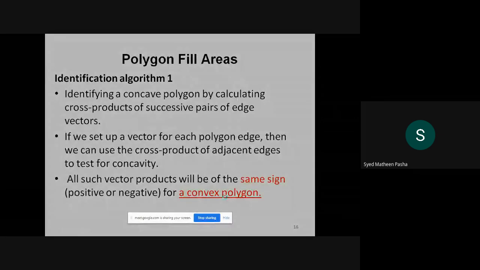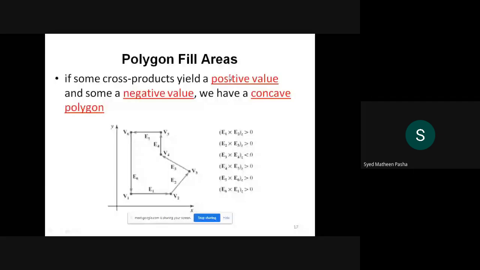If the cross product output yields some positive and some negative values, we can tell it is a concave polygon. If there is the same sign in the cross product output, we can tell it is convex. If you get different signs once the cross product is done, I can tell it is a concave polygon. As I have defined here, 6 vertices which consist of that many edges.